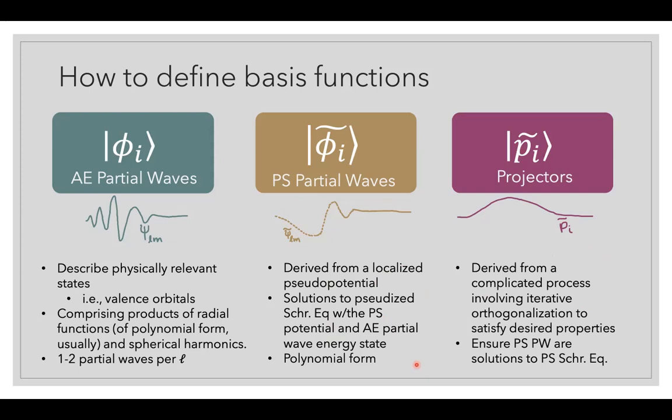Those would be the solutions to that pseudized wave function. That will also be of polynomial form typically, but again depends on how you define it. And then the projectors exist to ensure that the pseudo partial waves are indeed the solutions to the Schrödinger equation. But like I said, they are derived from a complicated process involving iterative orthogonalization in order to satisfy the properties that you're looking for.